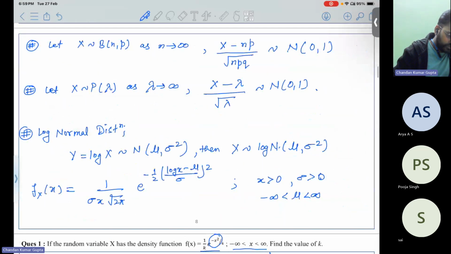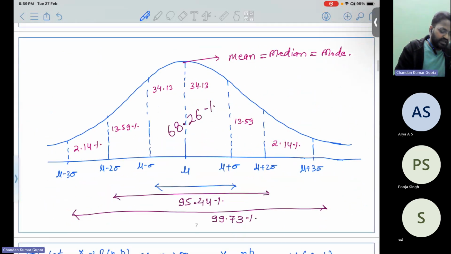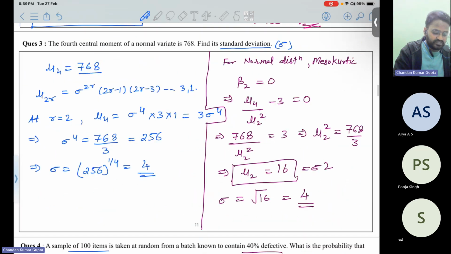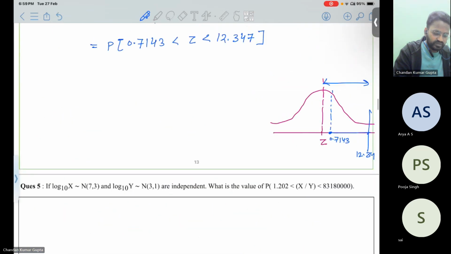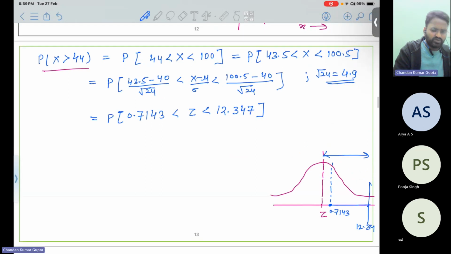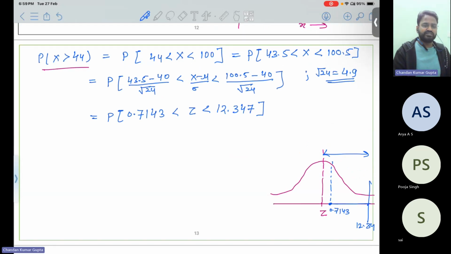Let me show you again. In the 3 sigma limit, 99.73% of the probability lies within the 3 sigma limit. And we have here 12 point something, so we can say that it is approximately half.